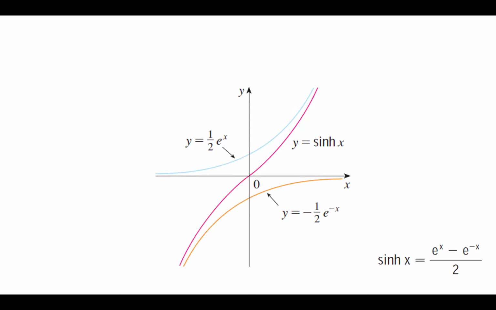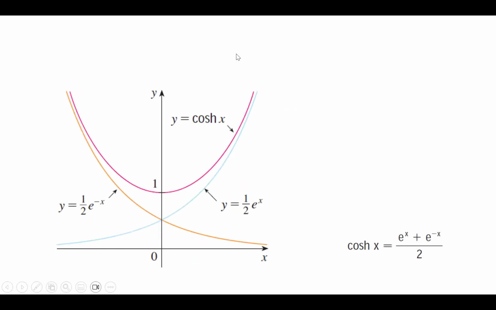And then let's go with cosh. There are our two asymptotes going on each side. Cosh, remember, is always positive, so it will never be negative. Notice it comes down to 1 again. And there it is, our two asymptotes.